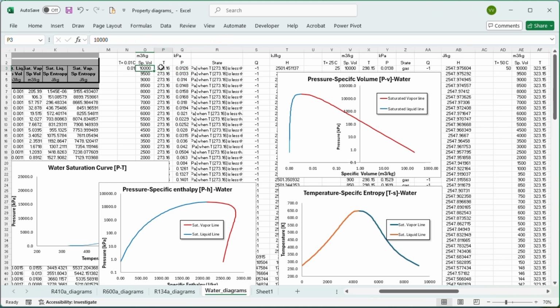Then using T and P, you calculate all the other things, for example, the enthalpy. So you calculate the state and also calculate the enthalpy.